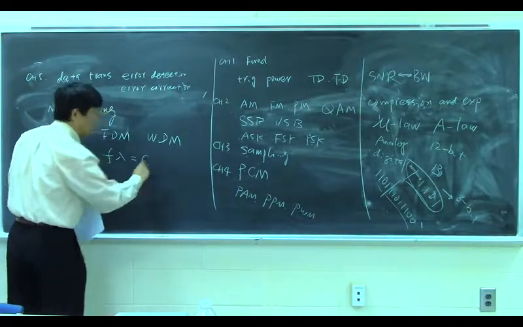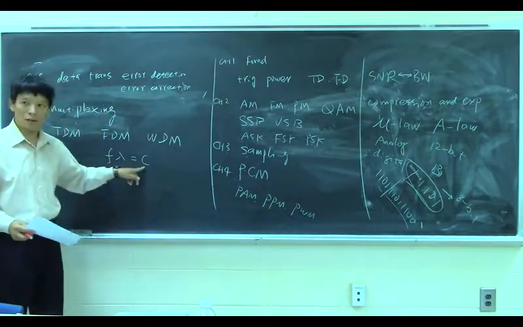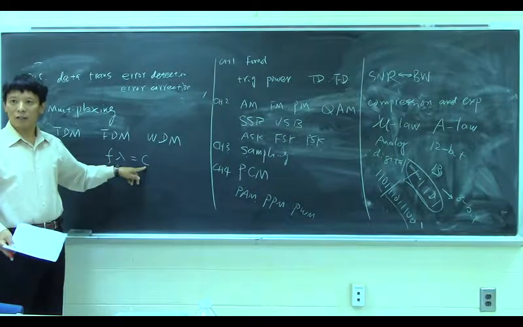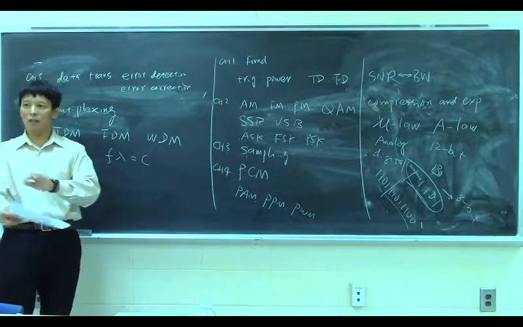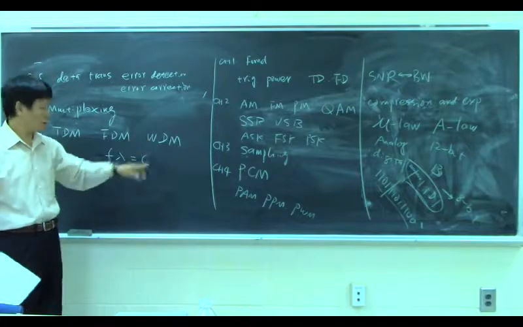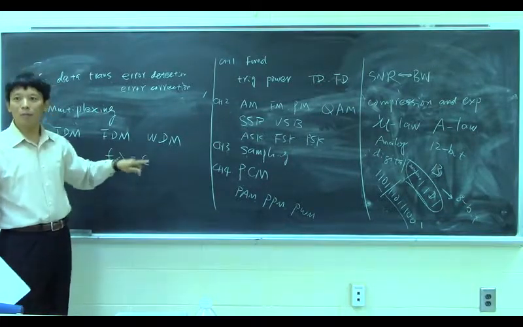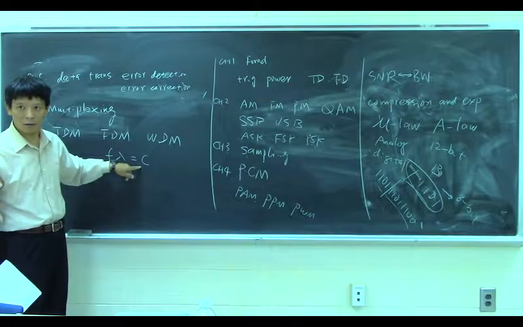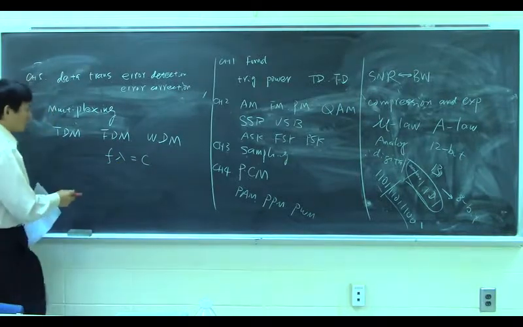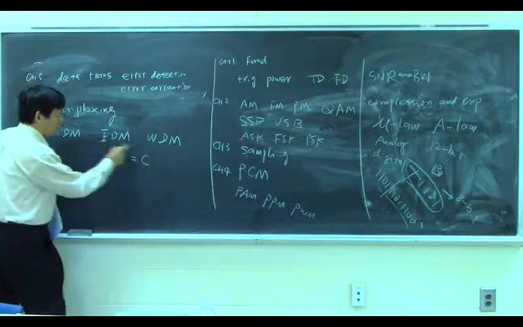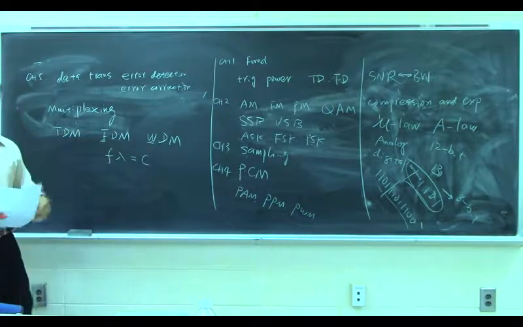Equals the speed of light. So this is a constant. Or the speed that the signal is transmitting in that media, no matter if it's cable or free space. So that is the speed of a signal in that media, not necessarily the speed of light. So F and wavelength actually are related.